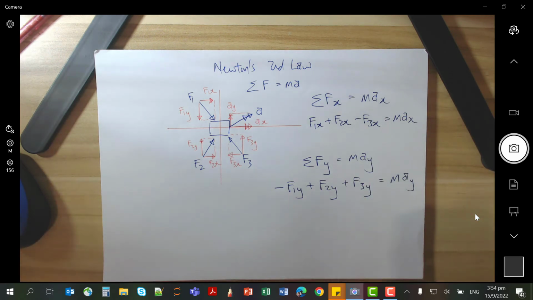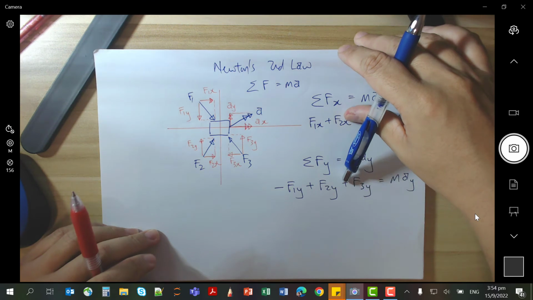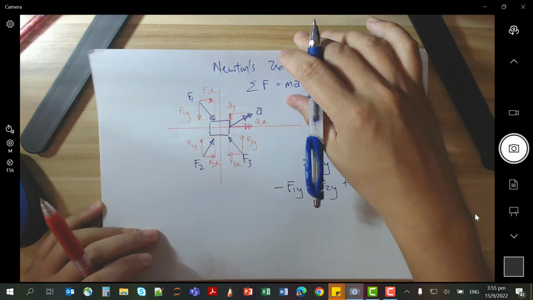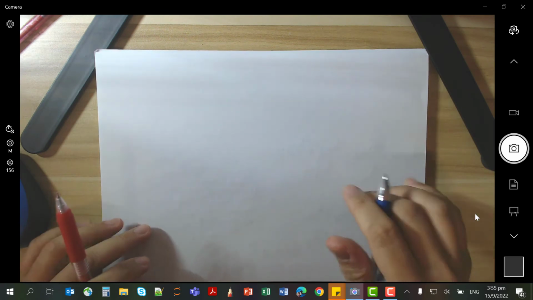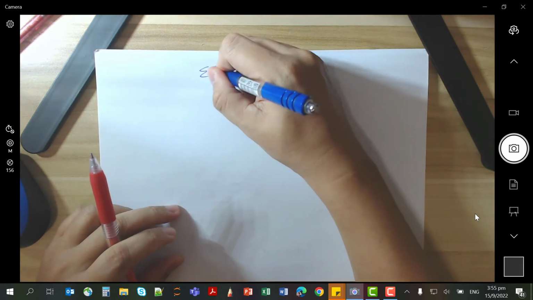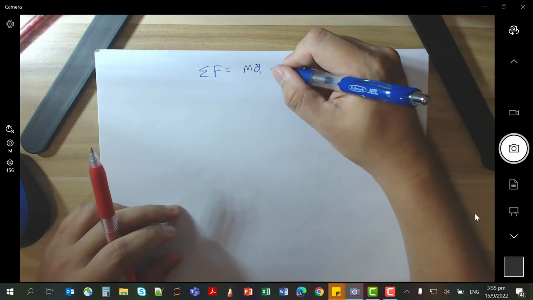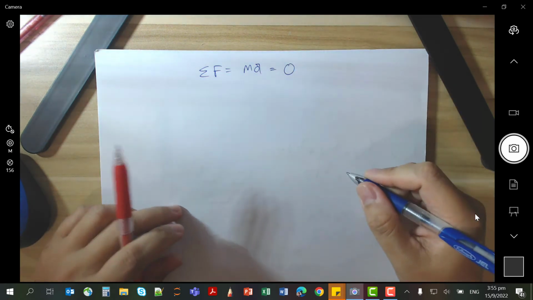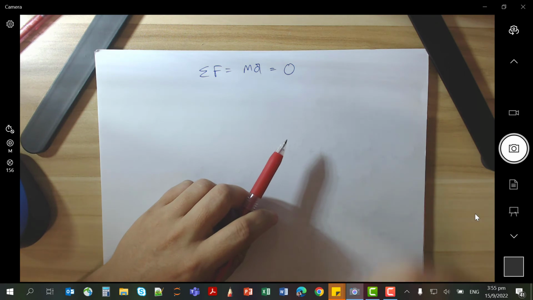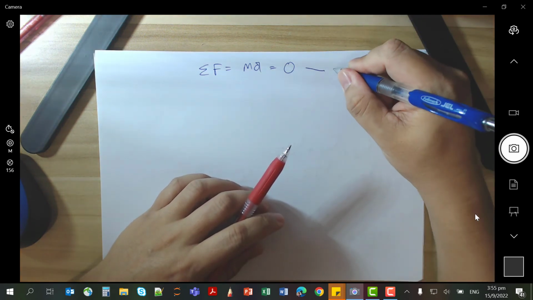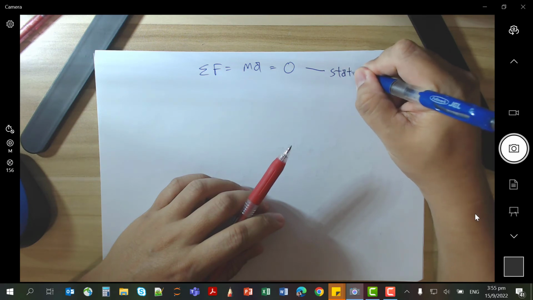So the next thing I'm going to talk about is called static equilibrium. You see, summation of the forces equals ma, but sometimes it equals 0. Under what circumstances is it equal to 0? Of course the first one is when everything is stationary.